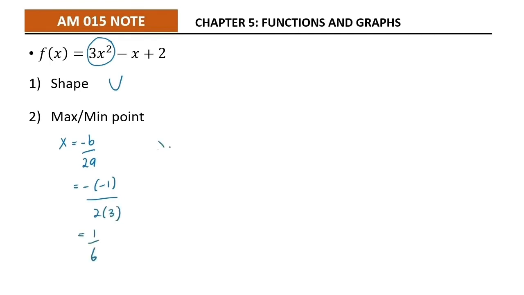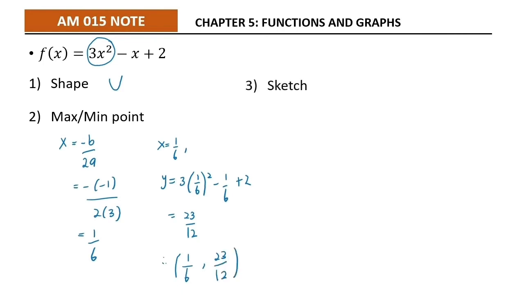When x equals 1 over 6, y equals 3 times (1 over 6) squared minus 1 over 6 plus 2, equals 23 over 12. Therefore, the minimum point is (1 over 6, 23 over 12).